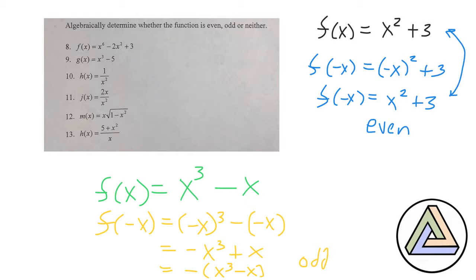All right? So quickly, let's make sure we understand that, well, this is even, this is odd. All right? And let's just get this over with. All even functions are symmetrical about the y-axis.